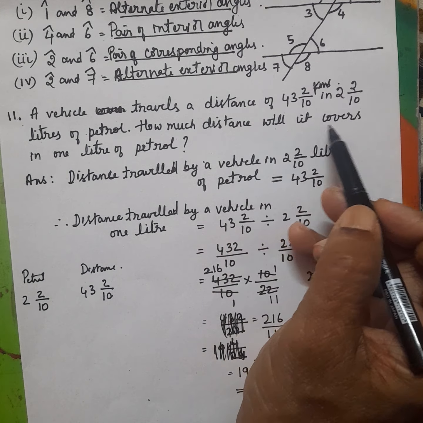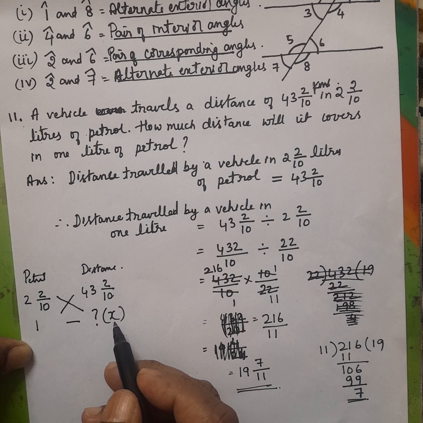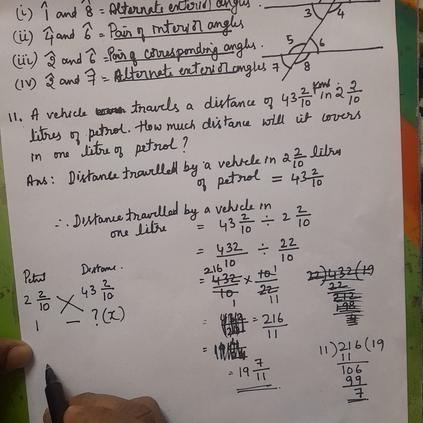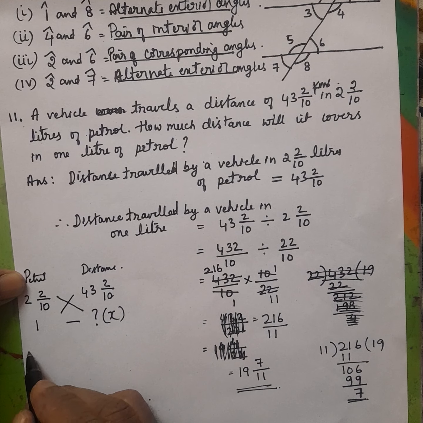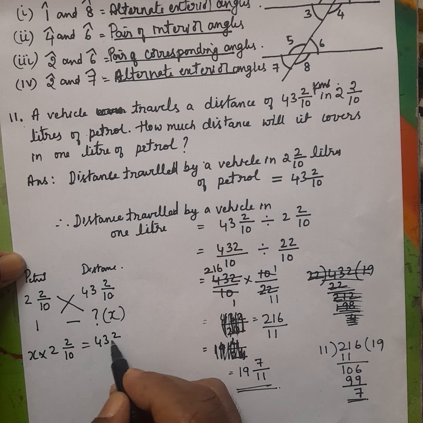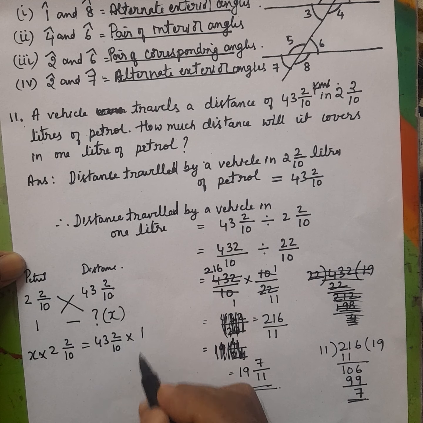Now in this case we have to do cross multiplication. As you know, in cross multiplication, here we don't know this distance, so let's take it as x. Now when you cross multiply, you take this x on the left hand side of the equation. Now x into 2/10 is equal to 43 2/10 into 1.